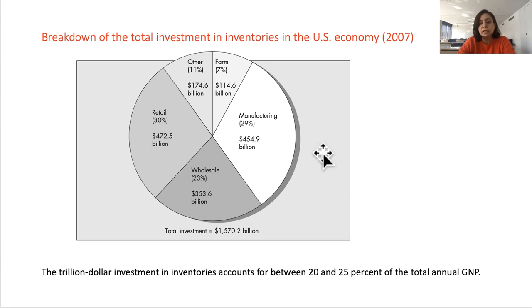Here you can see that the highest investments in inventories belong to the retail area, then manufacturing, wholesale, other areas, and then farm. And the total amount of investment is approximately $1.5 trillion. That accounts for between 20 and 25% of the total annual GNP.